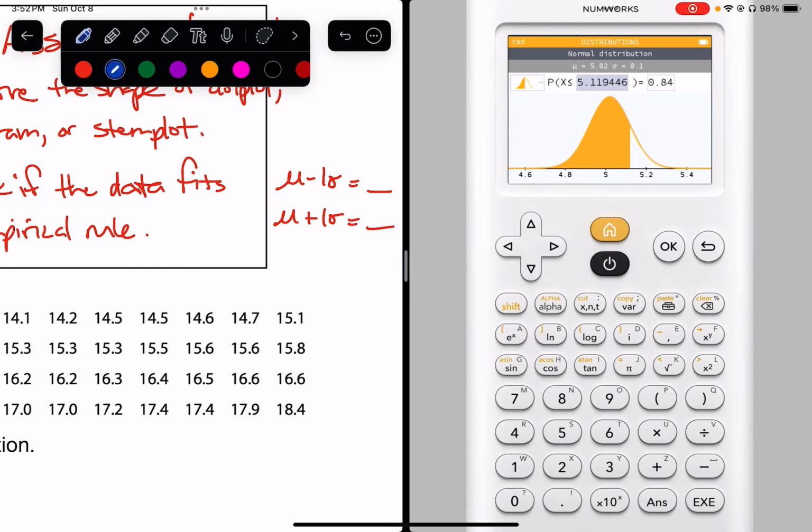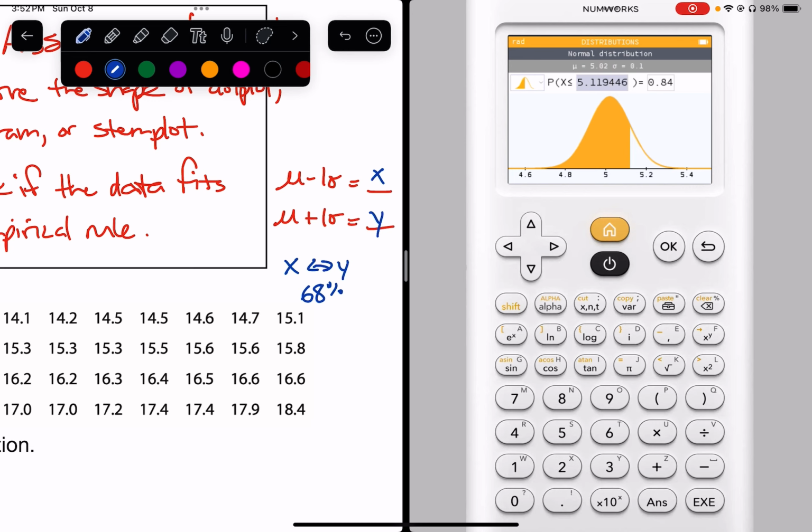And so basically, if I label these two random letters X and Y, between X and Y there should be about 68% of my data. Within 1 standard deviation, there should be 68%.